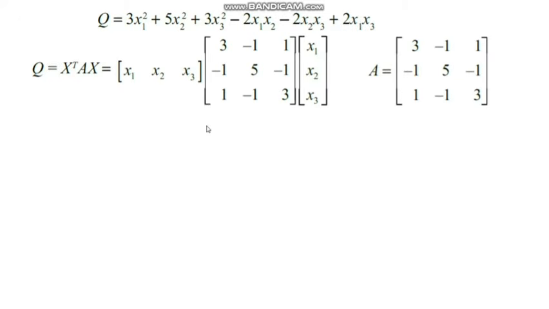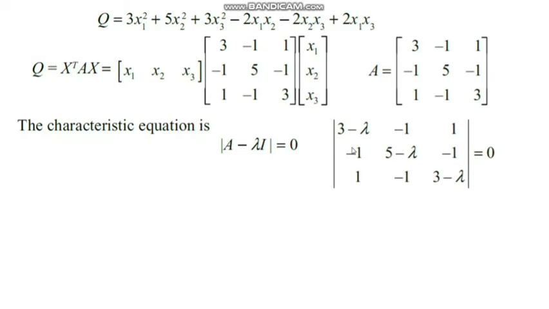We have to find the eigenvalues of this matrix. Consider the characteristic equation, determinant of A minus lambda I equal to 0. It gives us a cubic equation in terms of lambda, where A minus lambda I is called the characteristic matrix. It is obtained by adding minus lambda to the principal diagonal elements of this matrix and equating the determinant to 0.